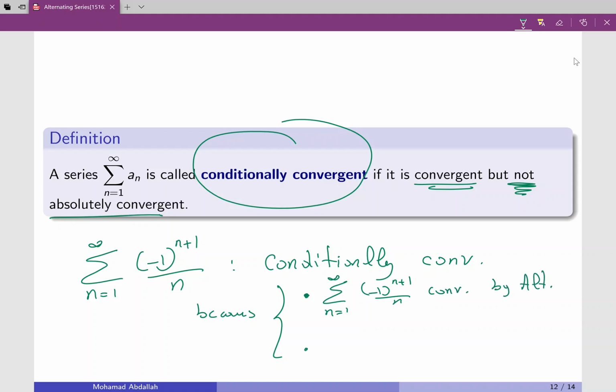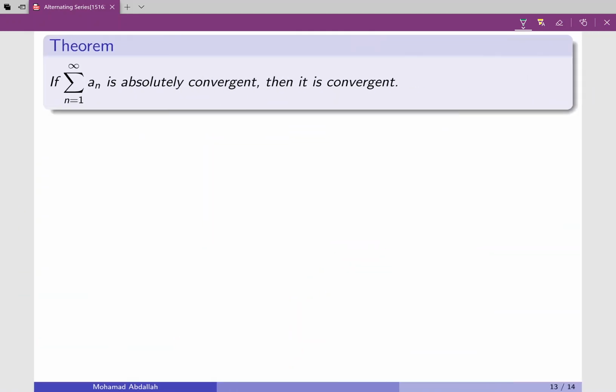And the sum from n equals 1 to infinity of its absolute value is equal to the sum of 1 over n, which is divergent because it's a harmonic series. Okay, so in this case, we say that the series is conditionally convergent, which means it's convergent, but it's not absolutely convergent.